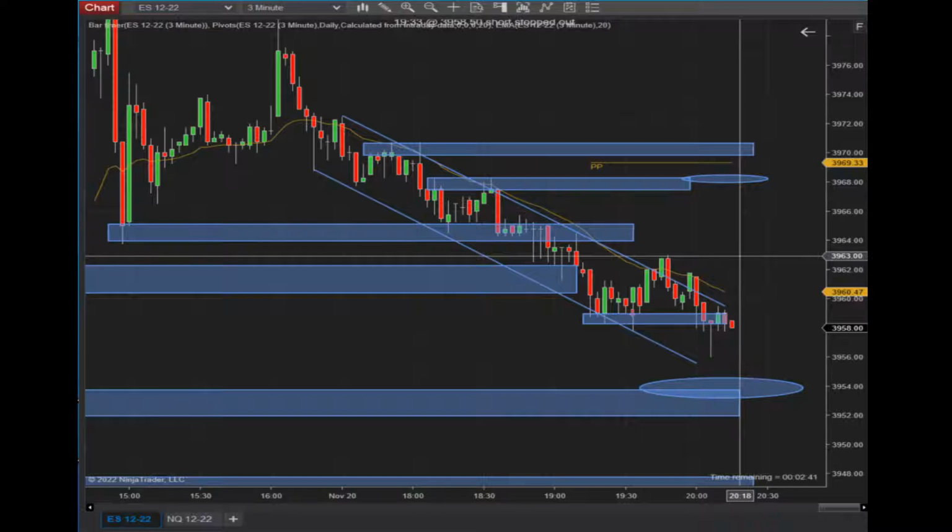And it just could stay flat like this all day, all night. And if that's the case, then we'll be done and we won't take any more trades. Okay, showing some energy to the downside finally.